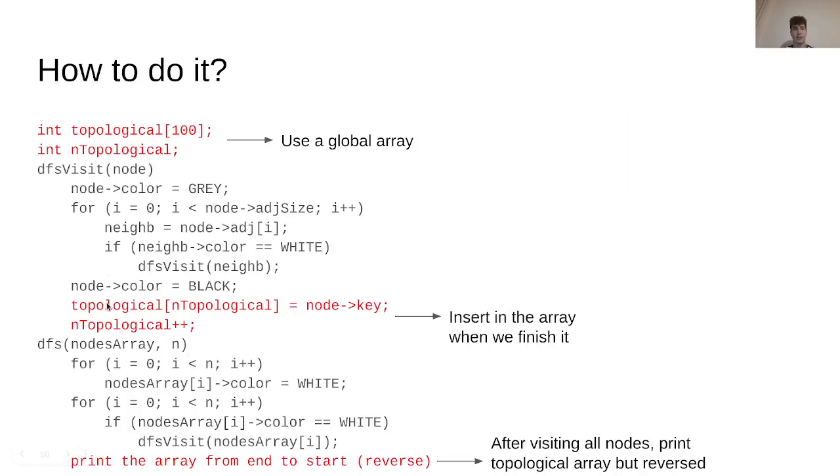And here, every time we end visiting a node, we add the key to this topological array. And at the very end, when we visited all of the nodes, we print this topological array.